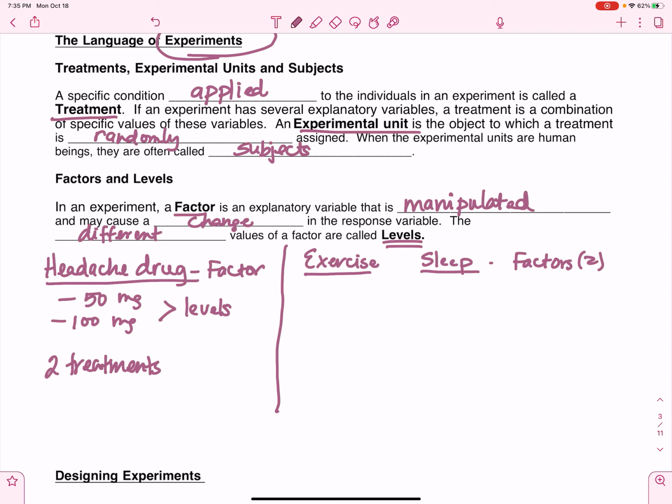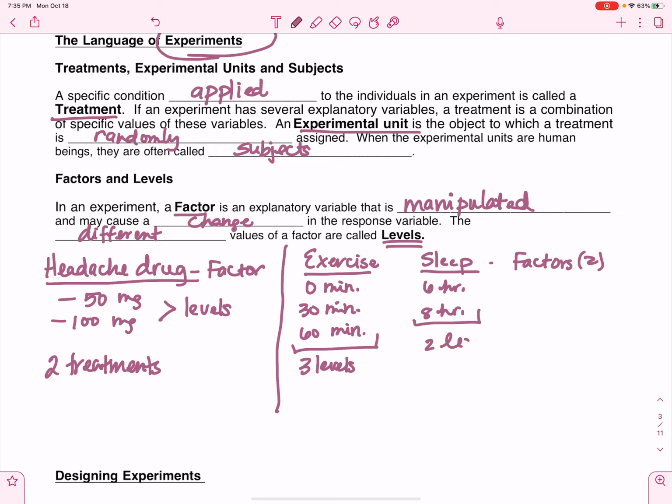Within each of those, I'm going to assign people either 0 minutes of exercise a day, 30 minutes, or 60 minutes of exercise a day. For sleep, I'm going to assign people either 6 hours a night or 8 hours a night. So in exercise I have 3 levels, and in sleep I have 2 levels.